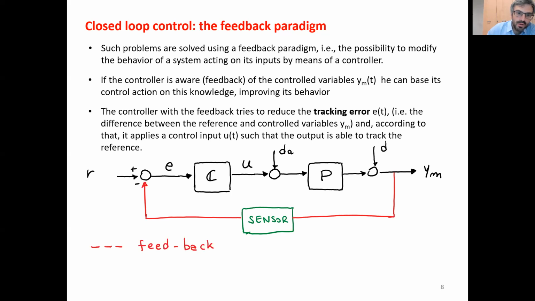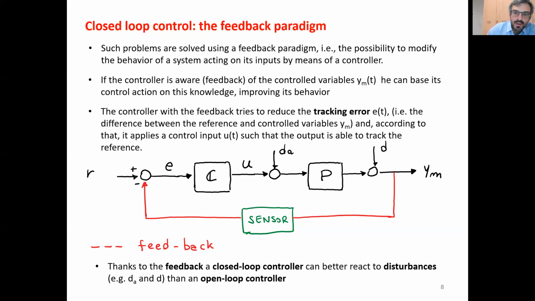Here you have the feedback coming from the plant output. You have the disturbance still there, either at the input or the output. In general, on the feedback we have a sensor, and the tracking error is the reference minus the measured output, or control variable.